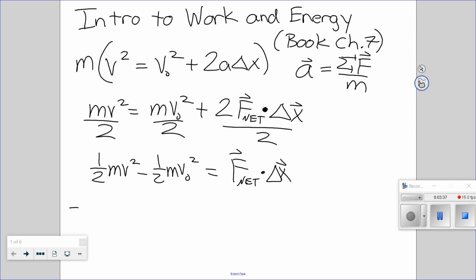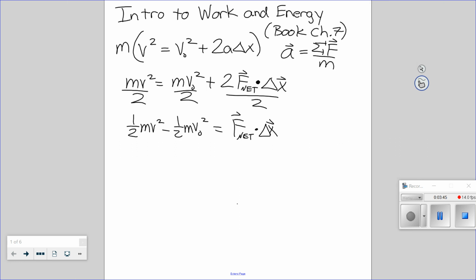And we're going to make up fancy names for this. We're going to call this force times displacement the work done. And 1/2 mv squared is just a mouthful and too much to say.